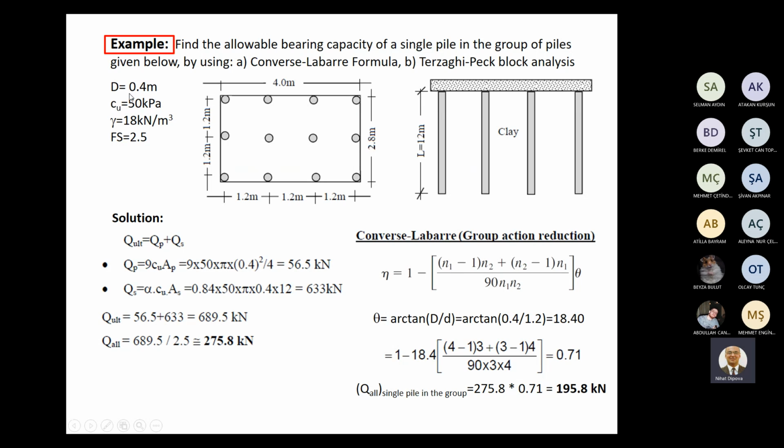Diameter is 40 centimeters. Undrained shear strength is given as 50. And the soil is uniform. We have one single soil layer. Unit weights and safety factors are given again. Center to center spacing is 1.2 meters. And that's all.